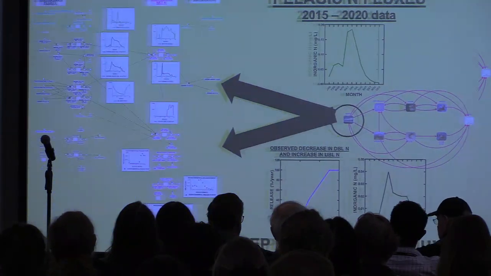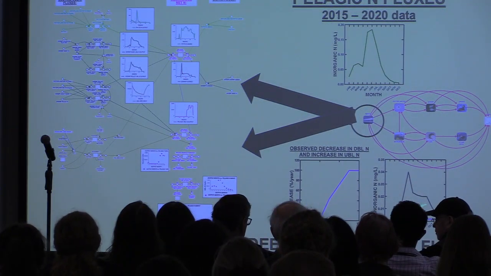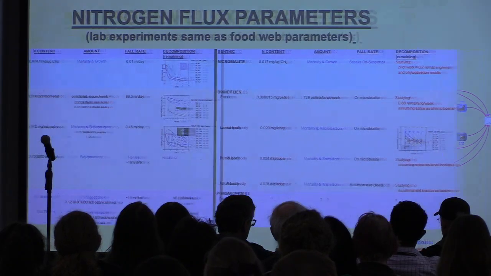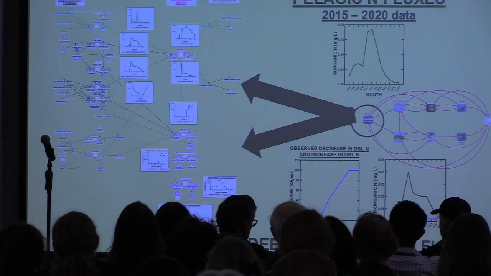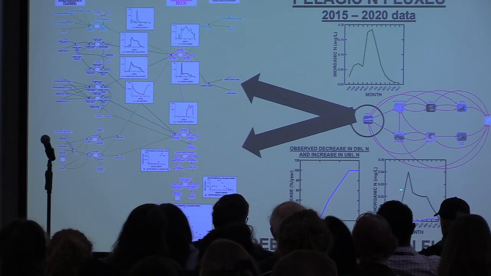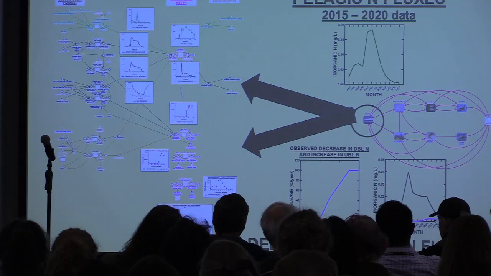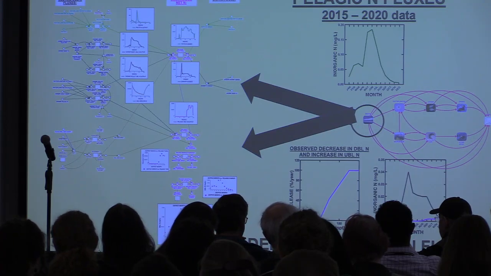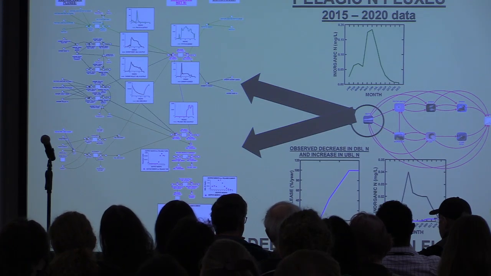Then we have how much is added, the black line here, on a monthly basis to the deep brine layer during that period, and how much is then released from the deep brine layer back up into the water column.